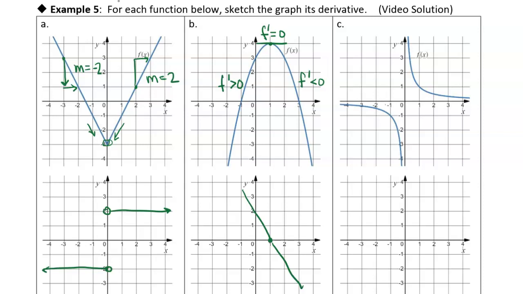If I drew a tangent line at any point along this curve, it's decreasing. It gets closer to 0, so f prime is approaching 0 if we go this direction, but the function is decreasing, so the slope is negative, which means the derivative is less than 0.